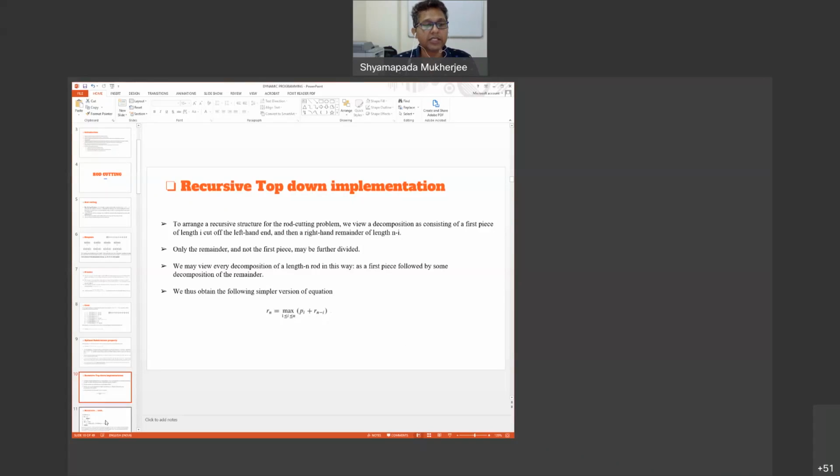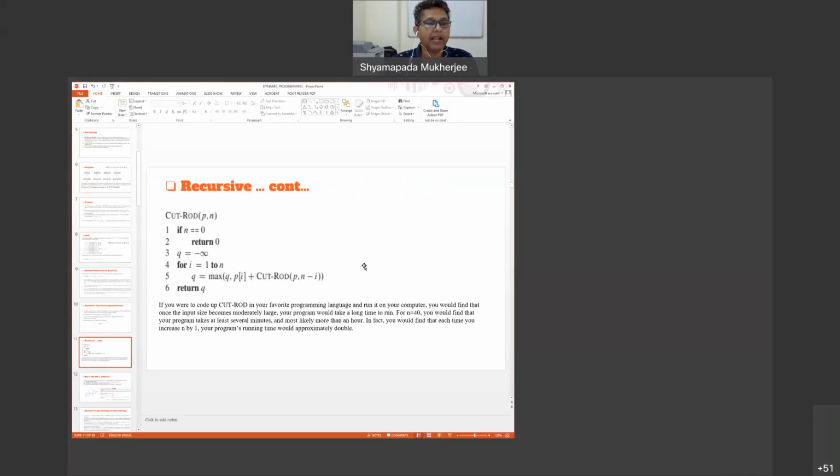This is the approach, and we can solve this problem using a recursive procedure like this one. This recursive procedure is named cut rod, where P denotes the table which stores the prices for all different possible lengths of the rods. N is the length of the actual rod we are considering now.